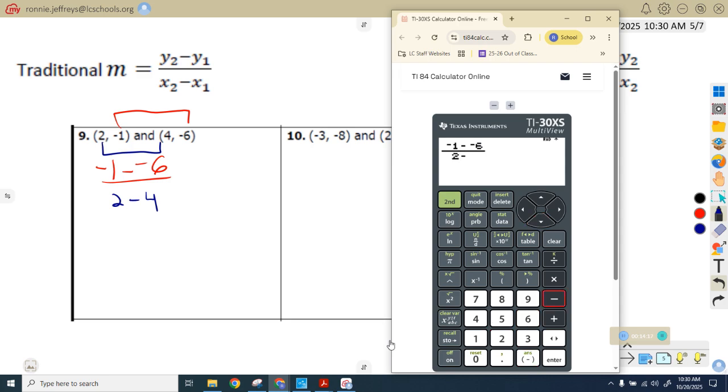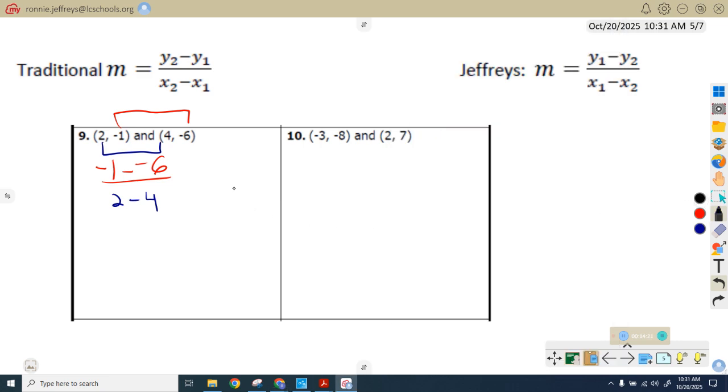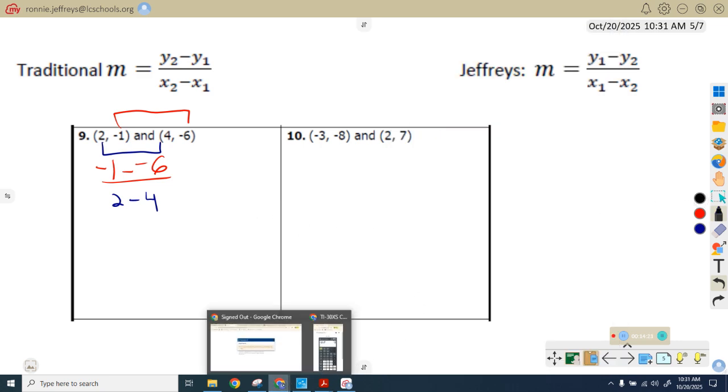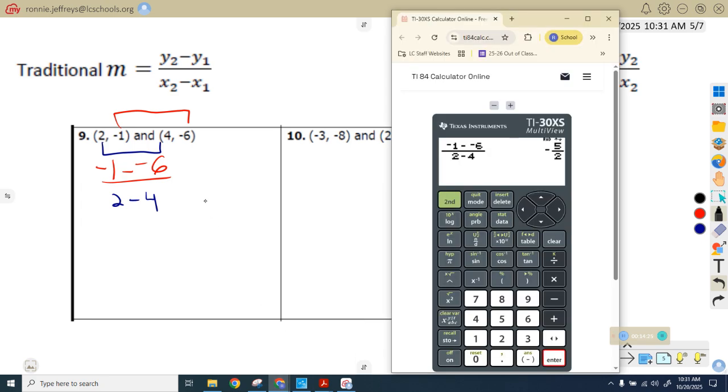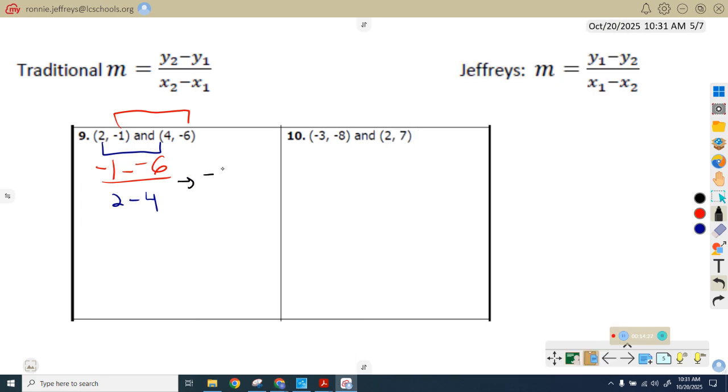Then 2 minus 4. All right. So 5 over 2. It was negative, correct? Yep. So now we want to leave our improper fractions like this.